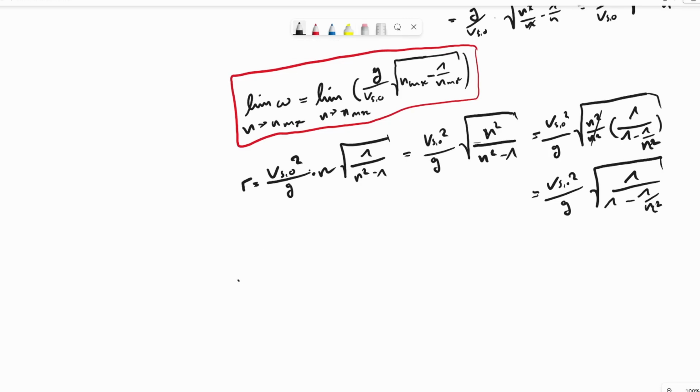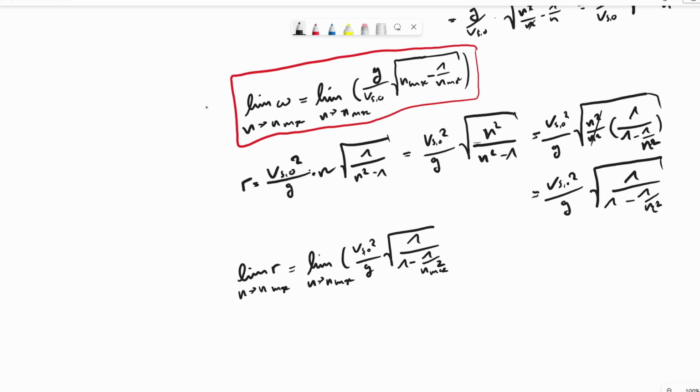Sorry, we want to explore the limits now. Limit: the limit of r, n toward n max, is hence the limit of n toward n max of v s0 squared divided by g times 1 over 1 minus 1 over n max squared. And we can write this a little nicer.